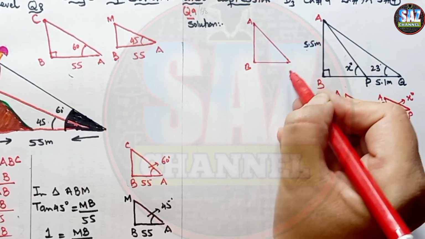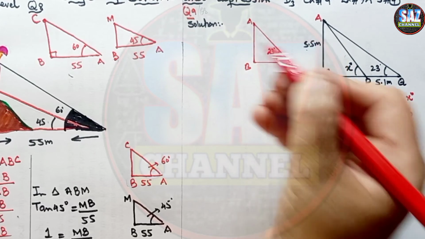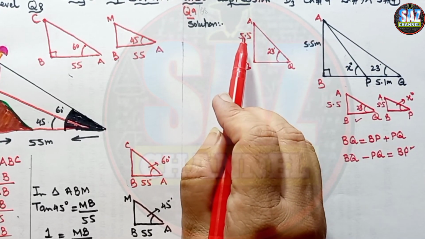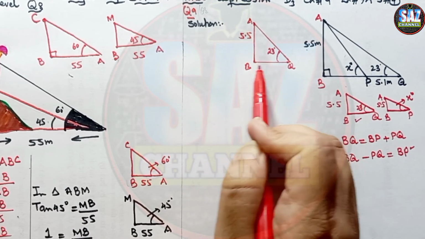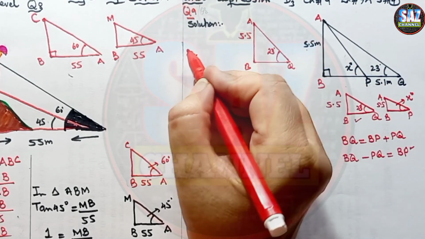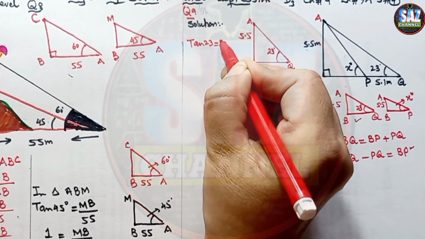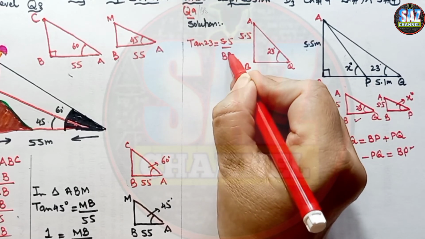A, B, and this is Q. This is 23 degrees and this is 5.5. Now see, with the help of this 5.5 and 23 degrees, we can find this BQ length by using the trigonometric ratio tangent. Tangent 23 degrees equals 5.5 upon BQ.